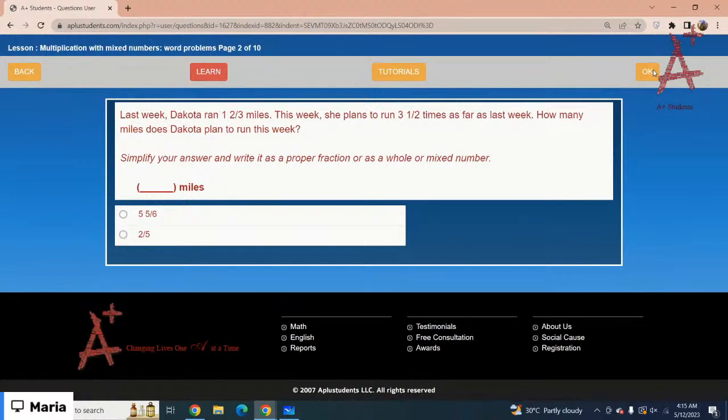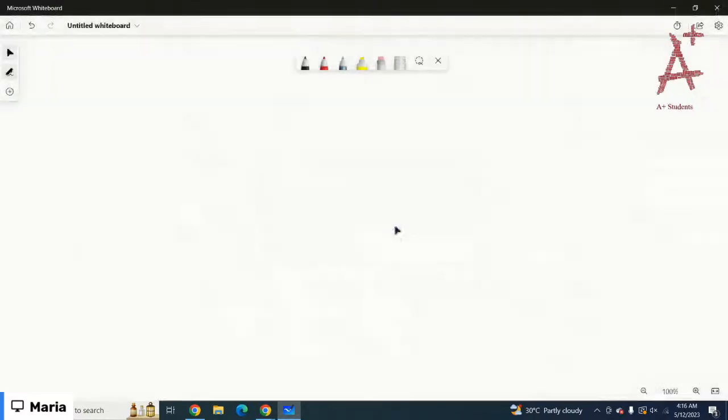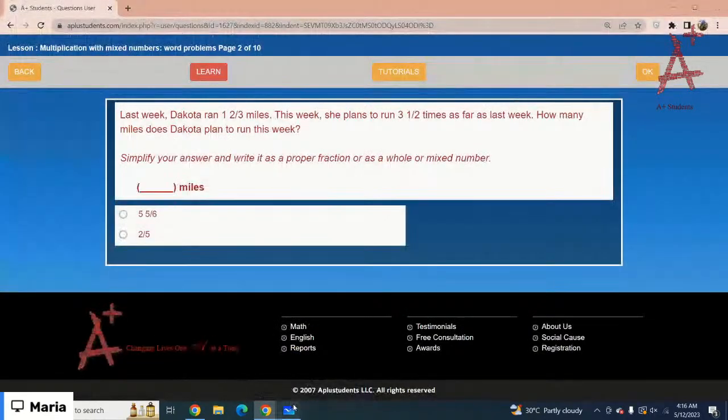So you have to multiply both the fractions, it would be 1 whole 2 by 3 times 3 whole 1 by 2.